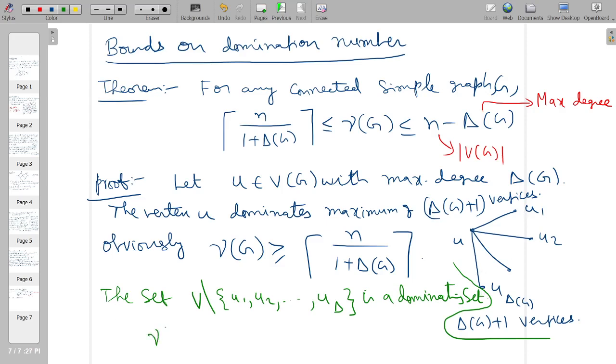So you have gamma of G less than or equal to n minus delta of G. Thus we have this lower and upper bound: the ceiling of n by 1 plus delta of G is less than or equal to gamma of G, which is less than or equal to n minus delta of G. Okay, I will not be proving this further, you can try it.